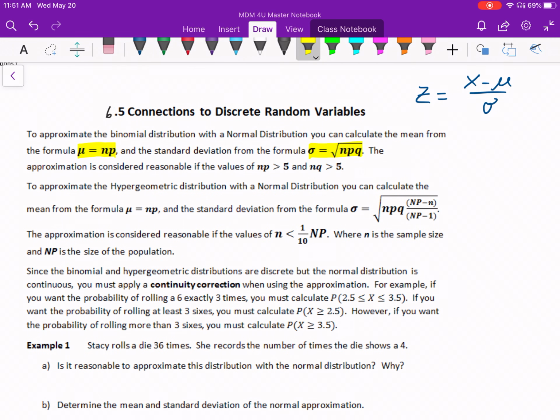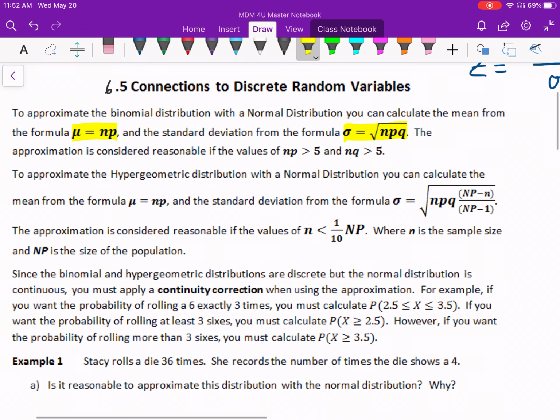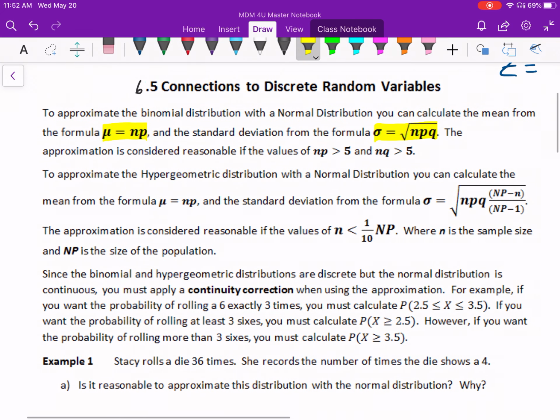We can't always use a normal distribution approximation for discrete random variables. Sometimes the sample size is too small, or maybe it's not normal enough. In other words, it's skewed one way or another. So the way that we can tell if it's close enough to normal and big enough sample size is by doing these two little tests here.